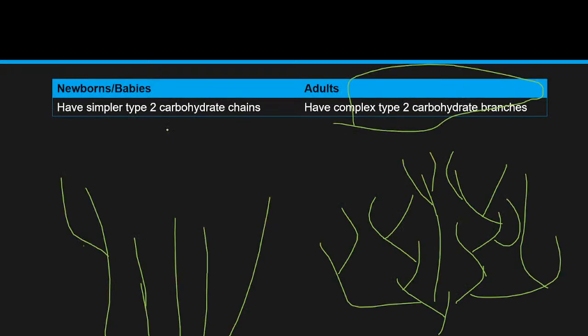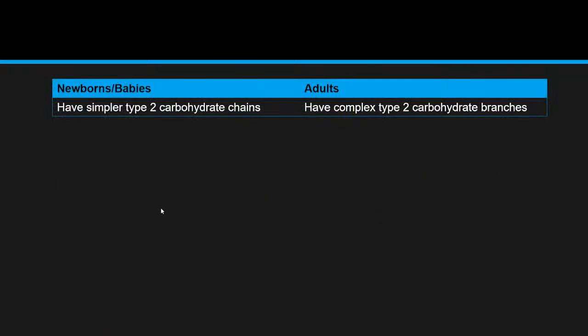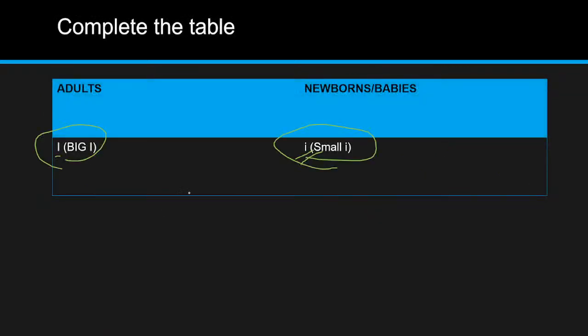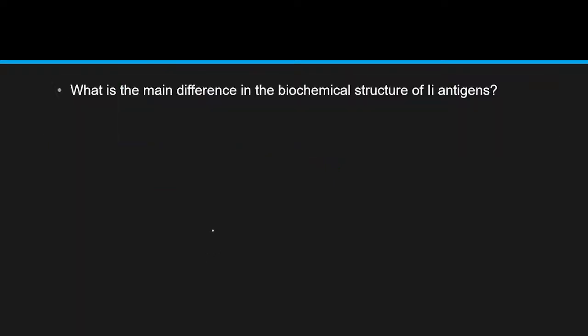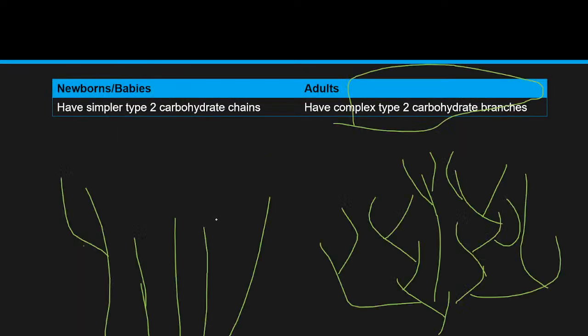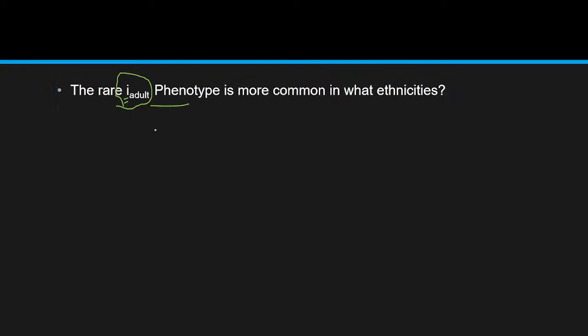Because as we mentioned before, normally adults should have big branches in the skin, in the body.